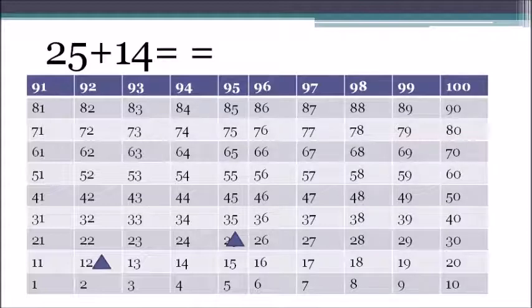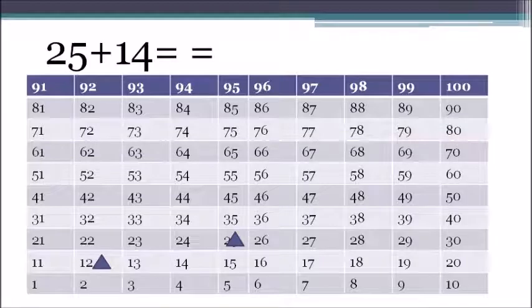And how many ones? 4 ones. We know for 1 tens we take one step up, and for 1 ones we take one step right. In this question, 14 has 1 tens and 4 ones. So we have to take one step up and 4 steps right.